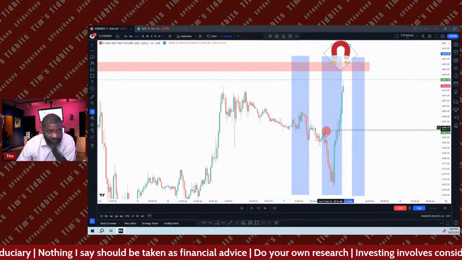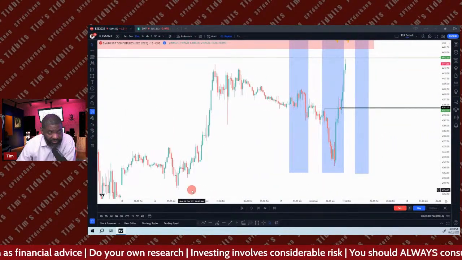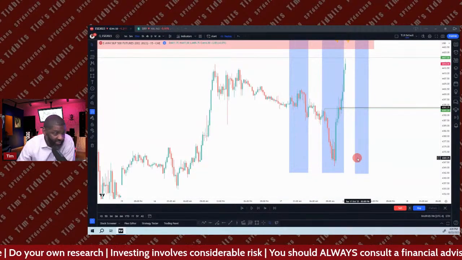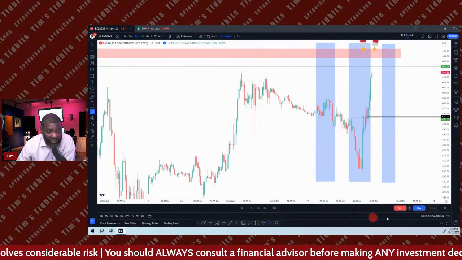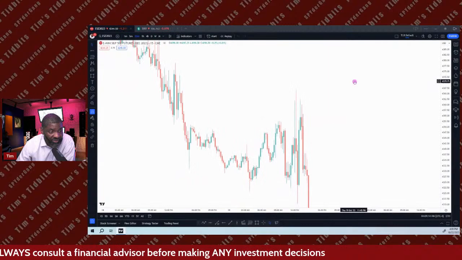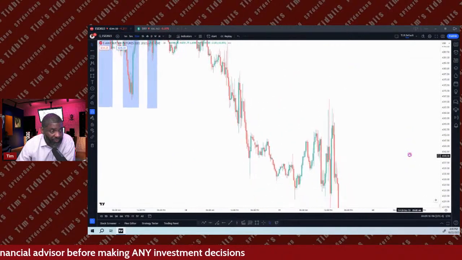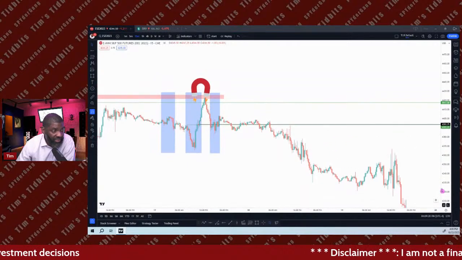That's the Judas swing. It's as simple as that. But you always want to be looking for any ICT things to unfold during kill zones.